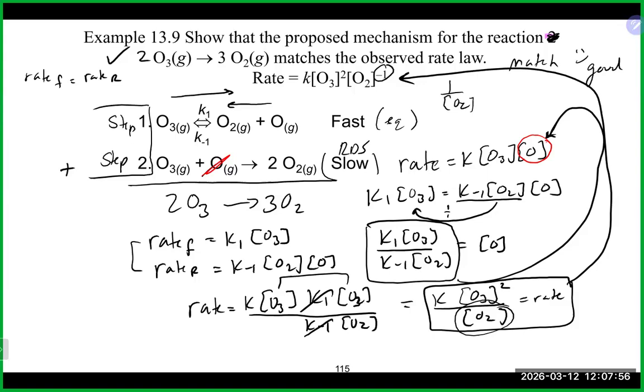It's possible you could have mechanisms with 5, 6, a ton of steps along the way, and you may not have to use them all. In most cases in a mechanism problem like this, you would use that reversible reaction step to substitute out. Any questions on that?